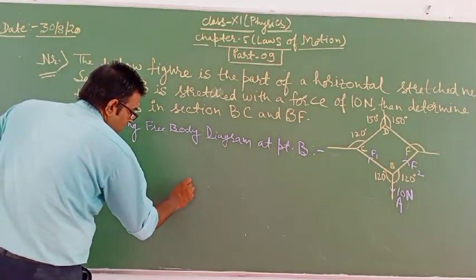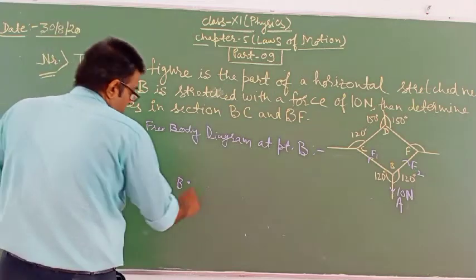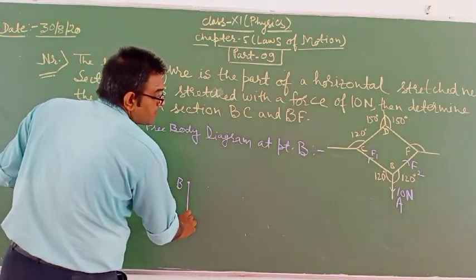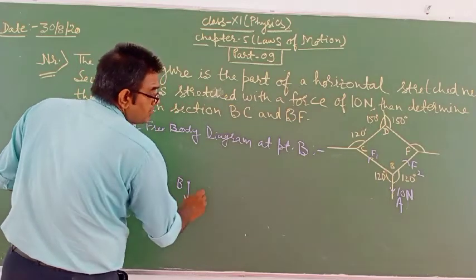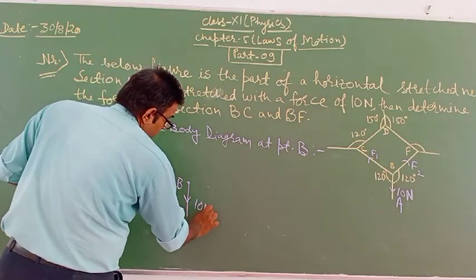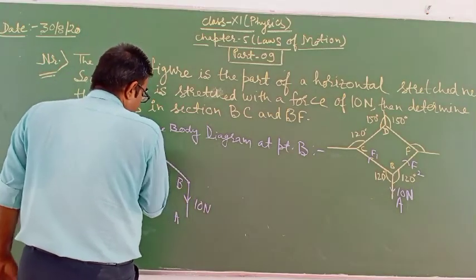So we are considering here, this is point B, and this is A, and BA is of 10 Newton. Now BC and BF.